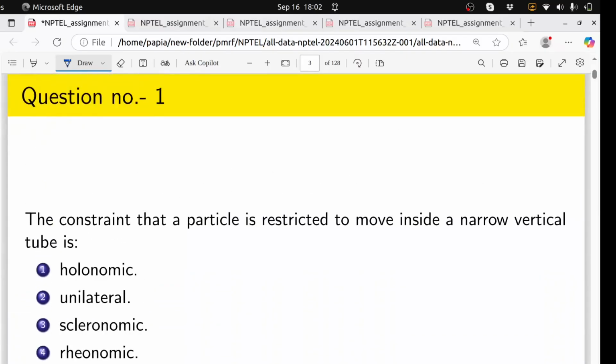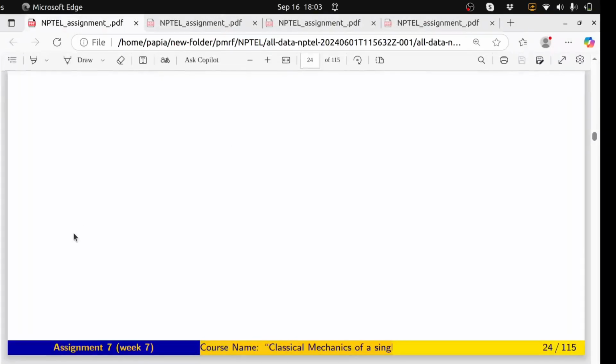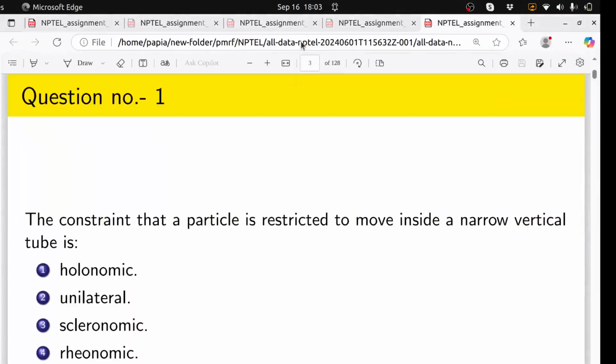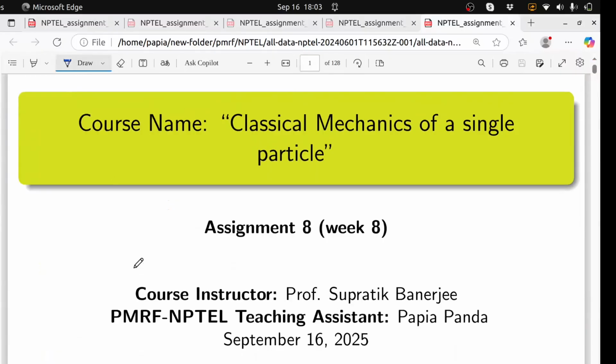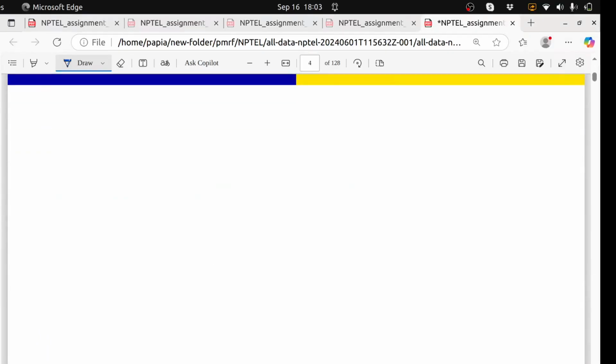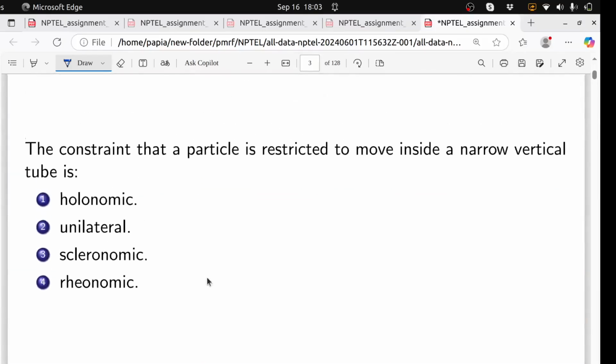Okay, so what is the question? The constraint that a particle is restricted to move inside a narrow vertical tube is.